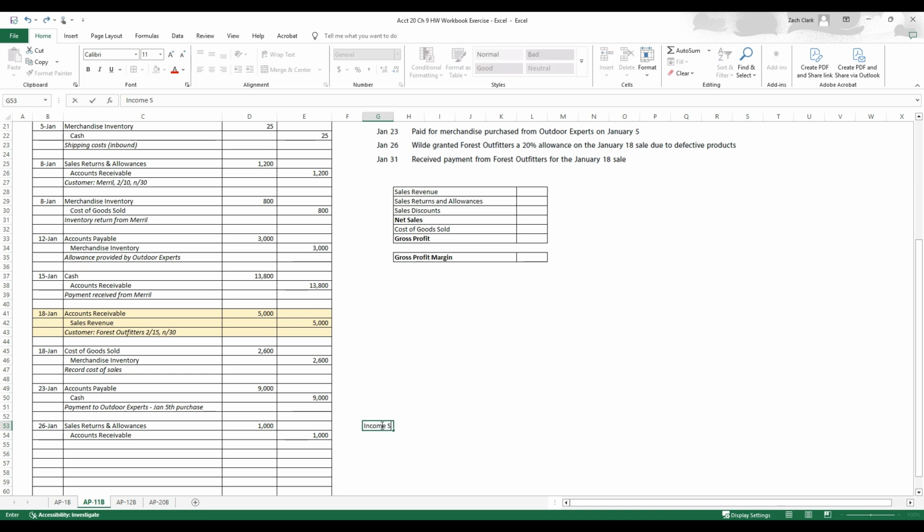For example, I'll just show you real quick how that looks on the income statement. Essentially, we would have sales revenue, and then we would have less sales returns and allowances, which, as a contra revenue, means it decreases it, right? So we would have 5,000, then minus 1,000, which would mean our total net revenue would be 4,000.